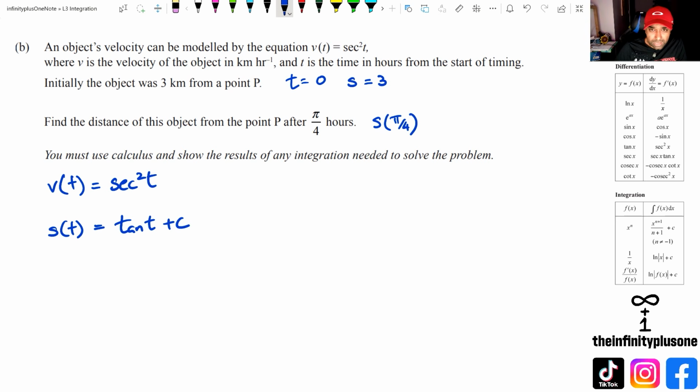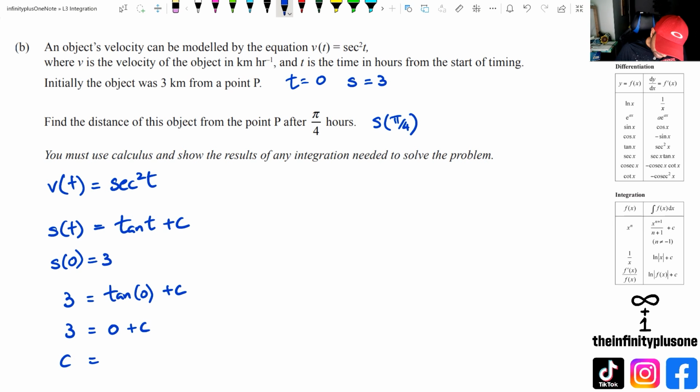So once we have that, now we know that s of 0 is equal to 3. So we're going to put down 3 is equal to tan of 0 plus c. Now tan of 0 is 0, so we get 3 is equal to 0 plus c. So c is equal to 3. So our distance formula is tan t plus 3.